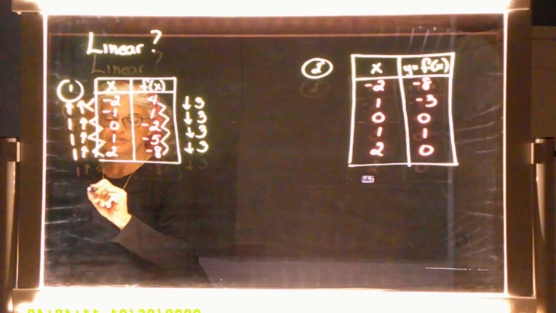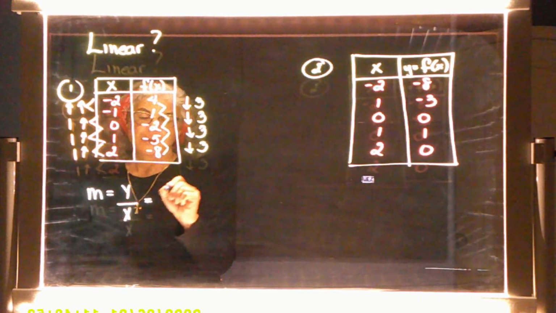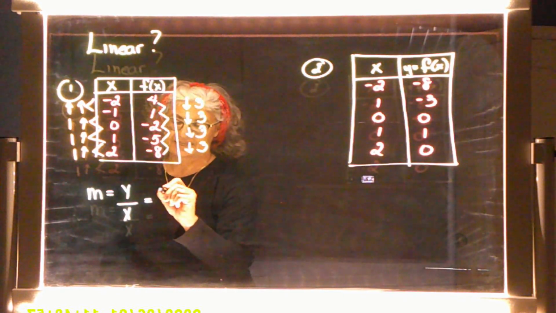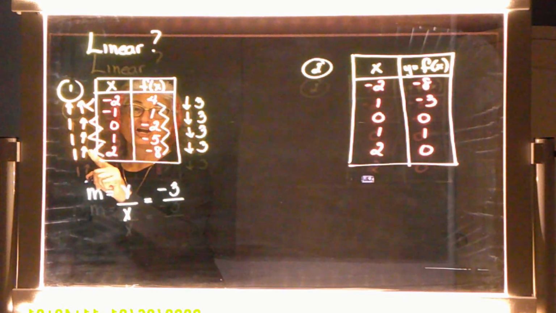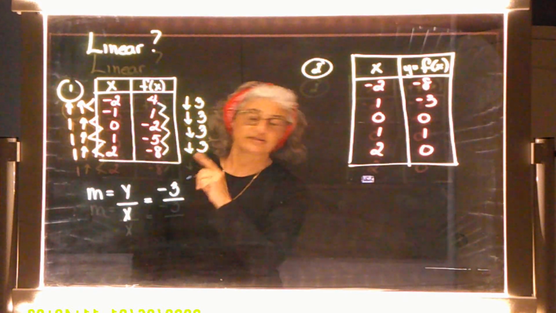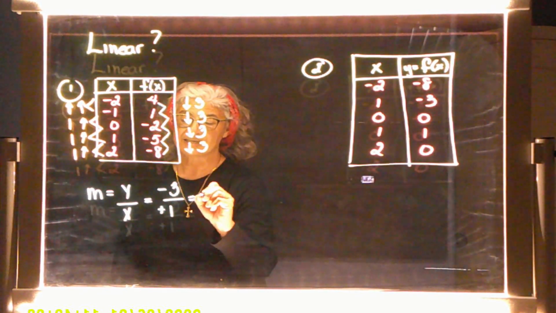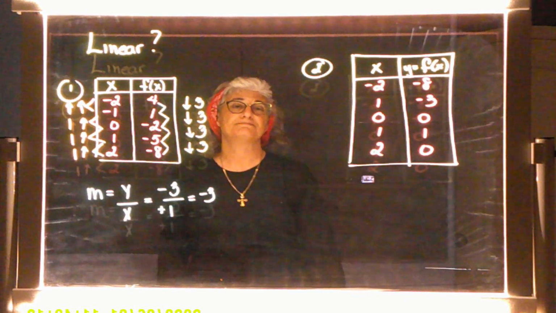Which means in this particular case, since slope is y over x, my y's are going down, which means they are negative by 3. My x's are up, which means they are positive by 1, which means in this case it is linear because I have a slope of negative 3.